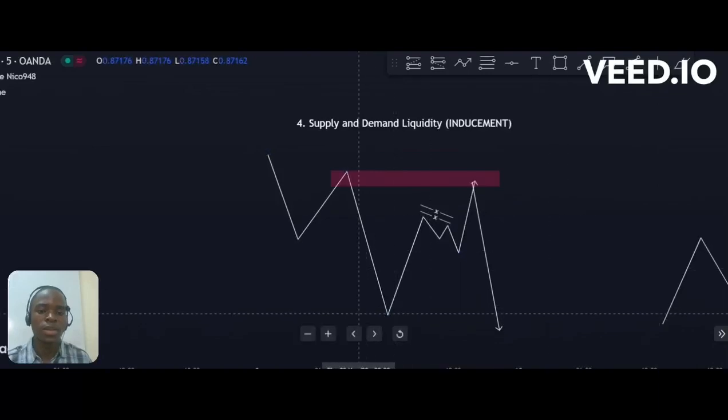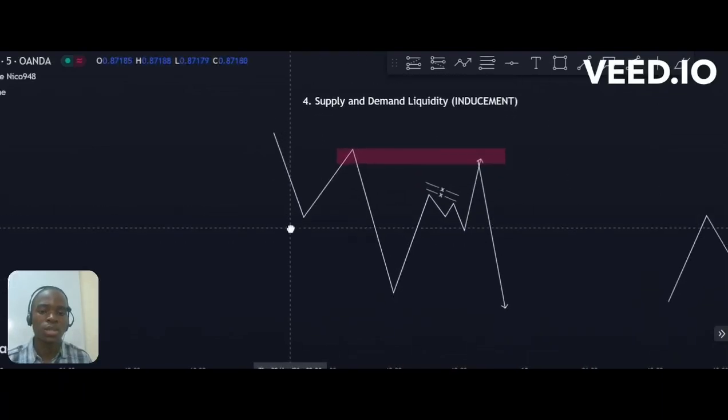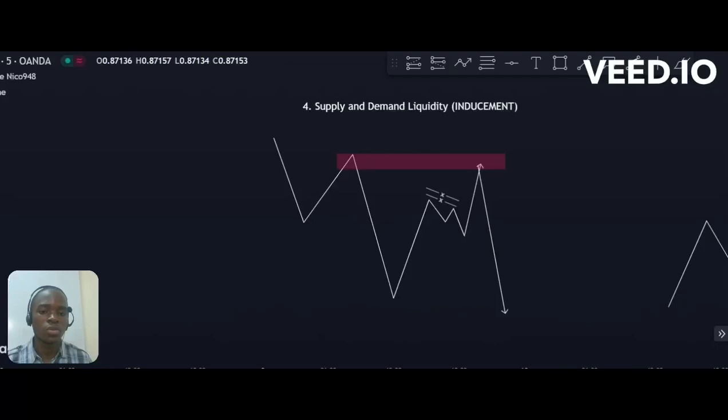I have a reel, a short, as most of you would like to call them. It just resembles this. It shows how traders are induced, those who trade supply and demand, how they are induced before price actually taps into the supply or demand zone.